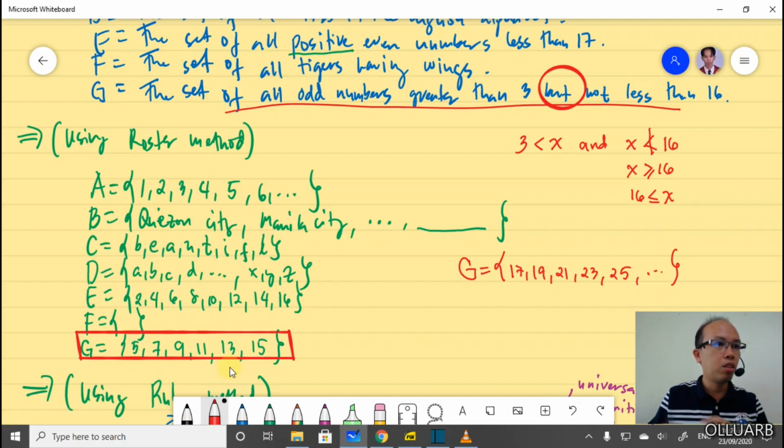So this is now the correct answer to the set G using the roster method.